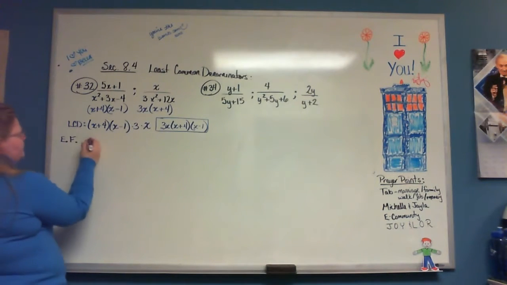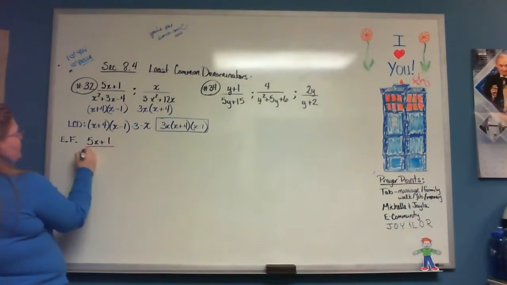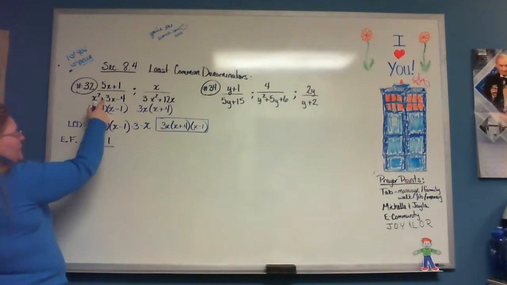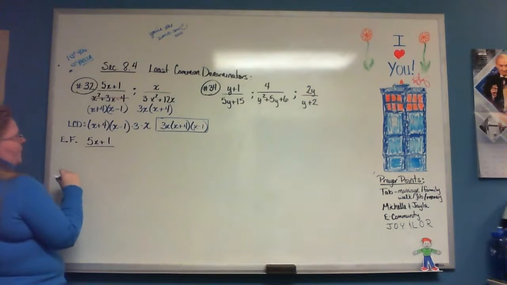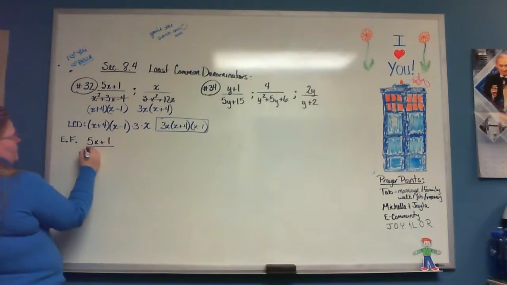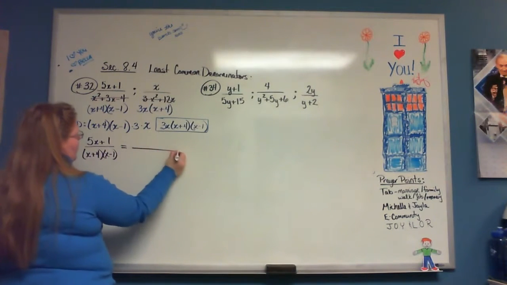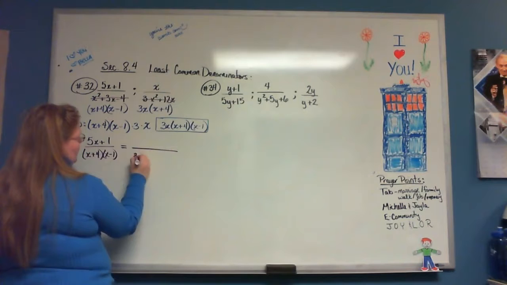Okay, so 5x plus 1 over, instead of me writing it this way, I'm going to write it that way. So that one's gone now, just like that one's gone. So I'm going to write it this way. X plus 4, x minus 1. That helps me see things better. Equals, and we want the bottom to become this.